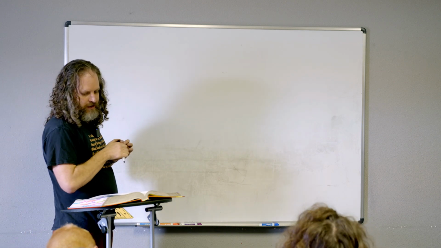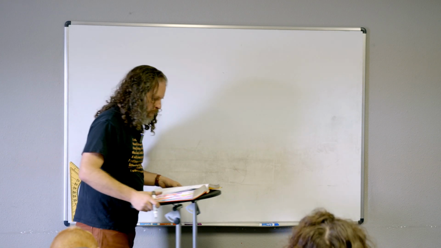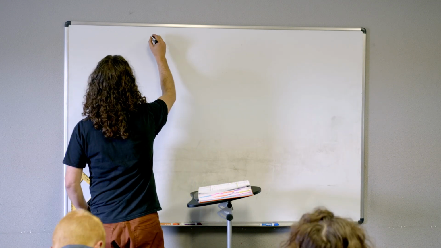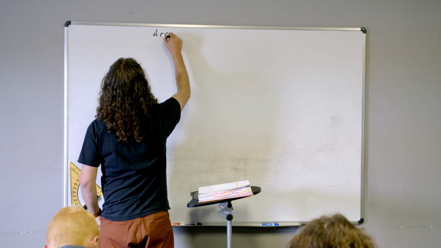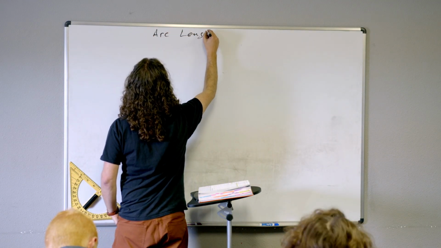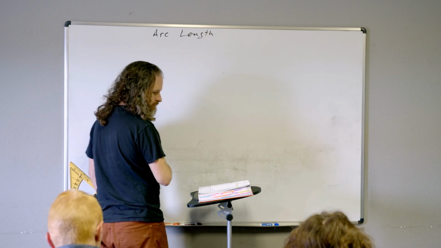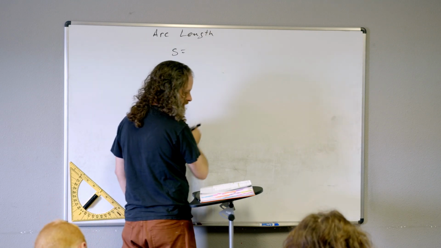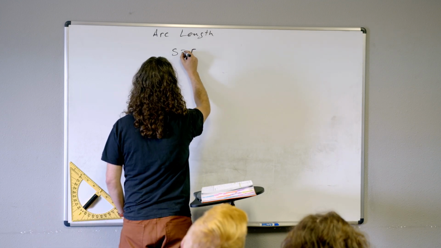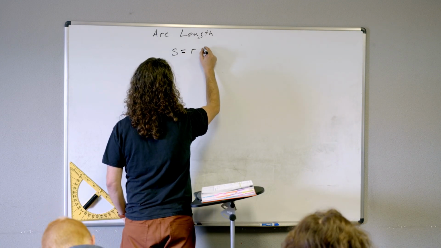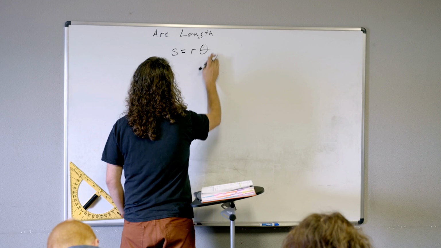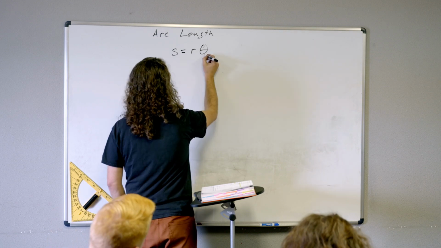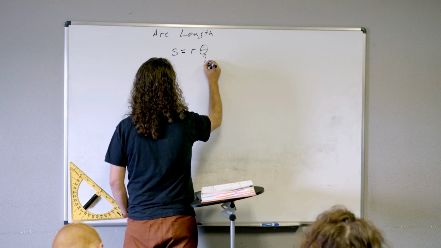You might want to make that a note. So for arc length, the length S equals the radius times the angle. Make sure this is in radians.